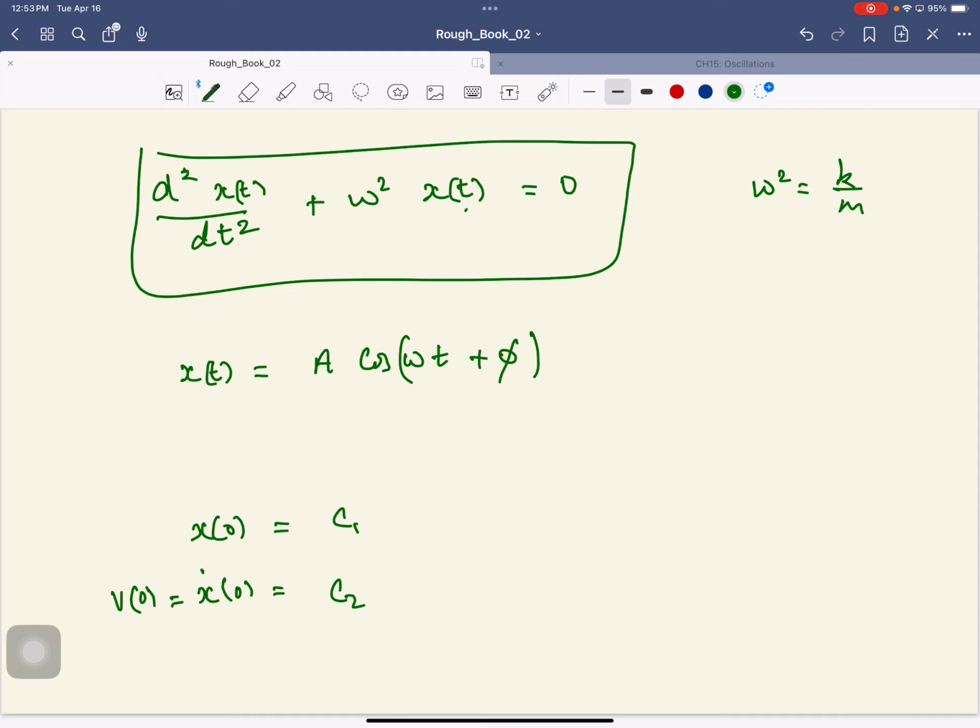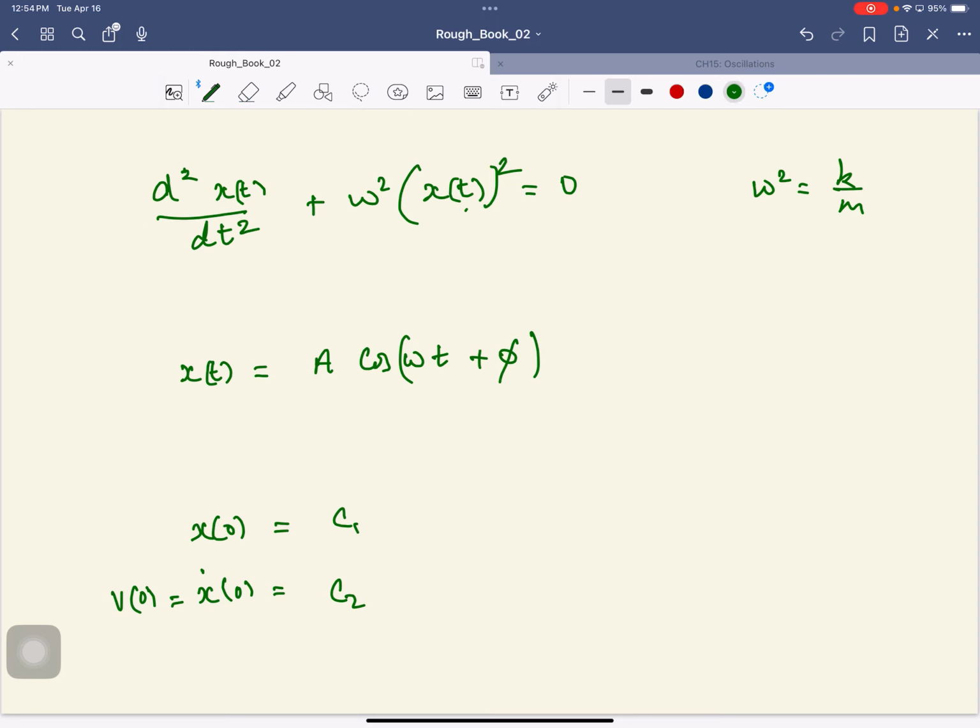Now, this is a second order equation. It's called a linear differential equation. This would be a nonlinear differential equation, and this would also be a nonlinear differential equation. Each term is to the power 1. So it's a second order linear differential equation. What does that mean?